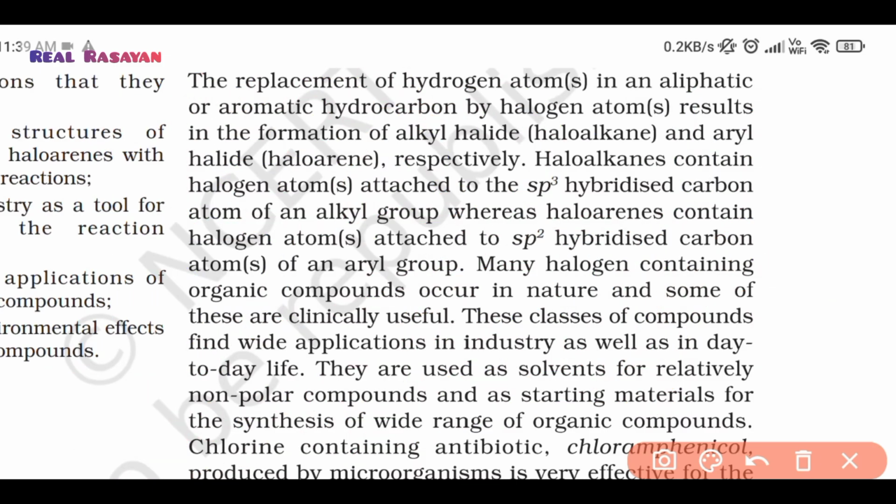Haloalkane contains a halogen atom attached to an sp3 hybridized carbon atom of the alkyl group, whereas haloarenes contain a halogen atom attached to an sp2 hybridized carbon atom of the aryl group.